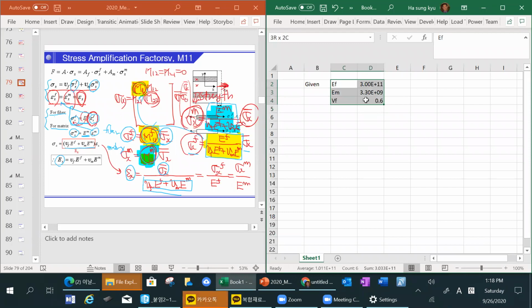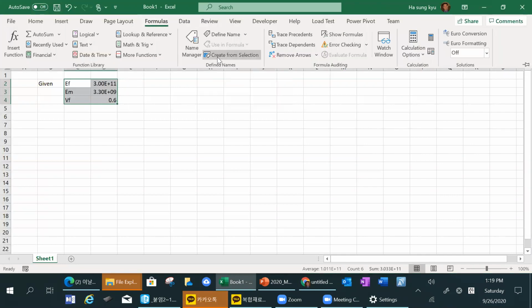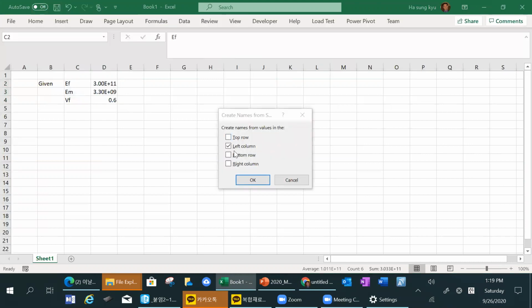And here, I like to define the names created from selections. So the left column will be the name of these cells.